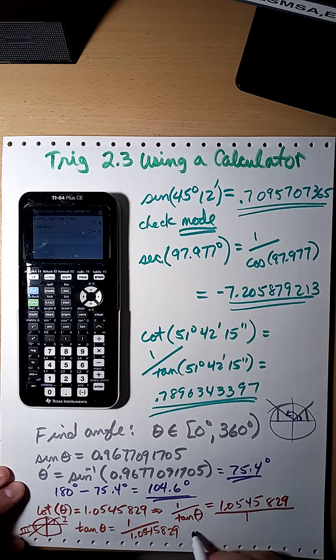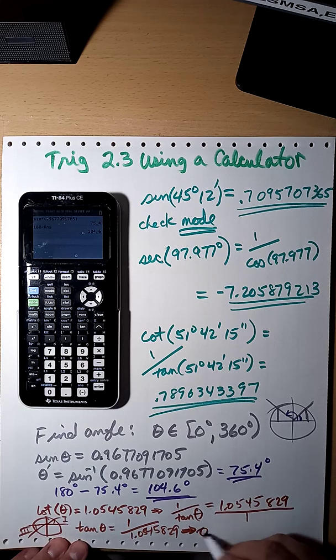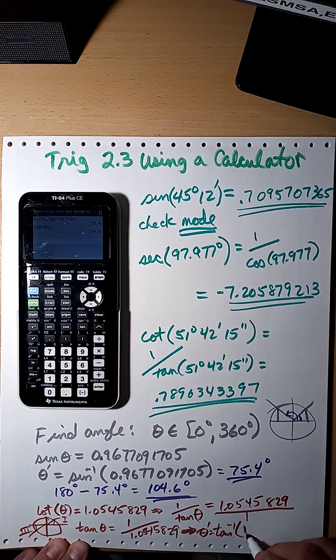Now you can use the inverse. Theta prime, which may only be a reference angle, is the inverse tangent, or tangent negative 1, of 1 divided by 1.0545829.